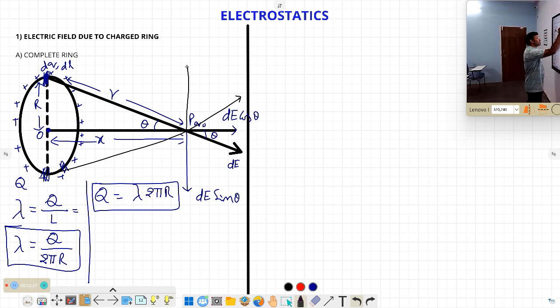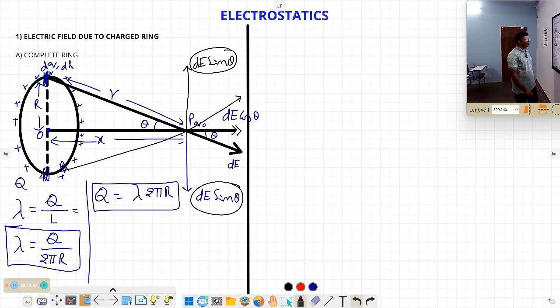You'll get the y component in this direction, that is dE sin theta in the upward direction, and dE cos theta in the forward direction. So if you observe here, this is dE sin theta, the y component due to the above elementary portion. This is dE sin theta, the y component due to the below elementary portion. Both are equal and opposite because we chose the uniform charge of the ring.